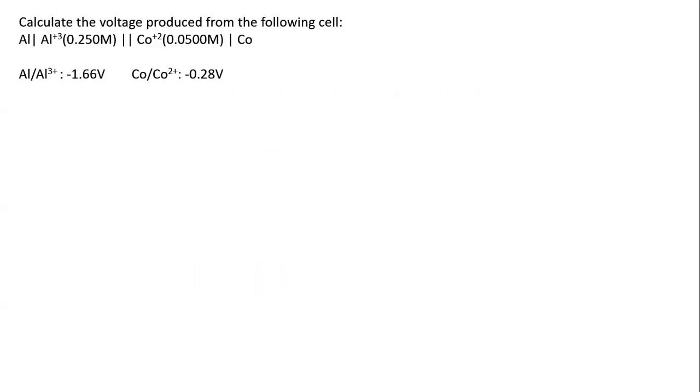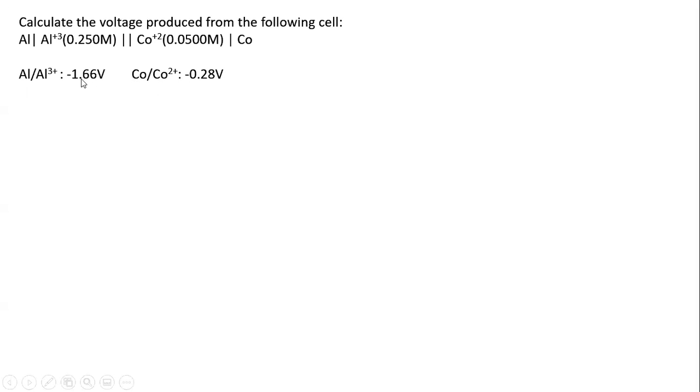So the last question wants to calculate the voltage produced from this electrochemical cell. And so again, you had a cell potential table. The aluminum 3 plus reduction potential was given. However, the cobalt 2 plus to cobalt wasn't given, so you'd have to look it up on another reduction table.